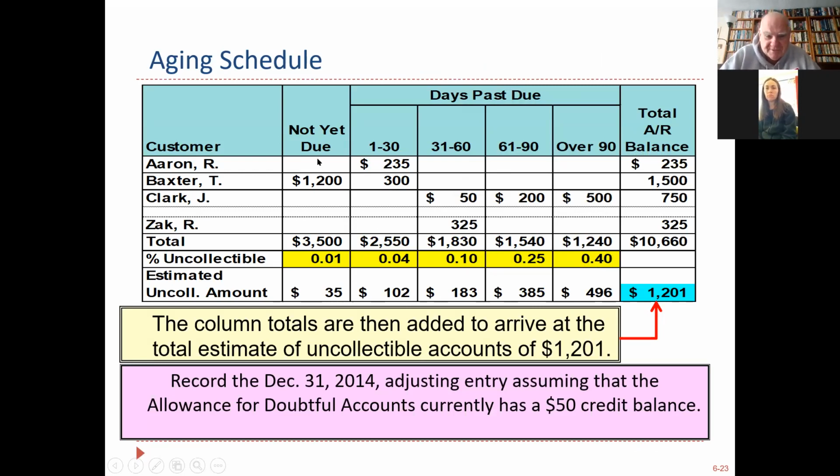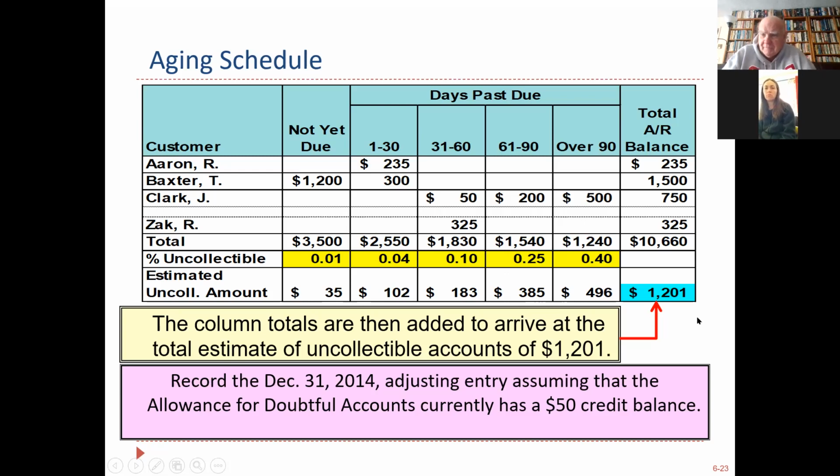So what this company has decided is that people who aren't even due yet, we expect to lose 1%. But if they go 1 to 30 days past due, probably lose 4%, 10%. Look at this, all the way out to 40. Okay. So it's really simple to get the number, which is gotten by multiplying the total aging by the appropriate percentage and adding across.